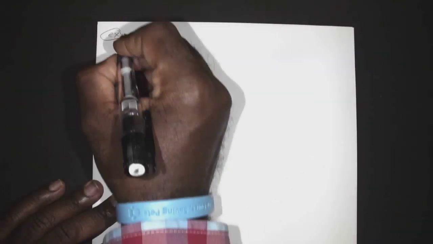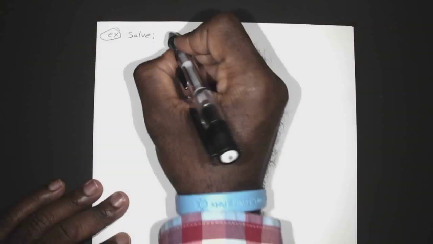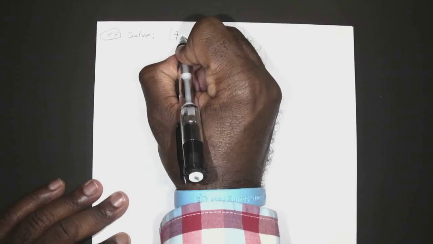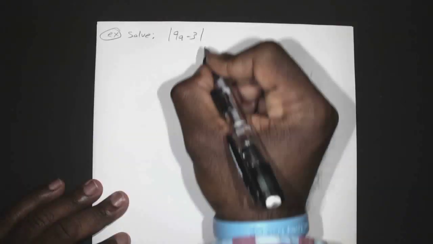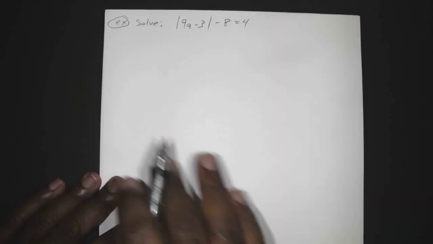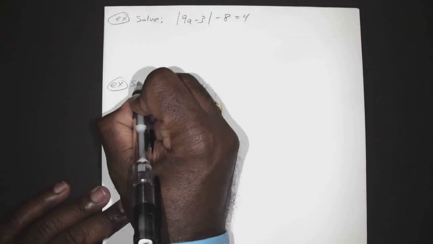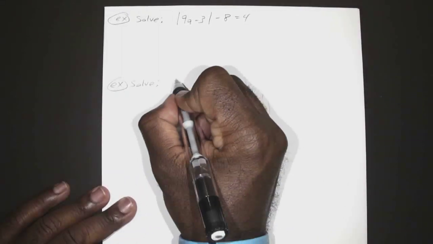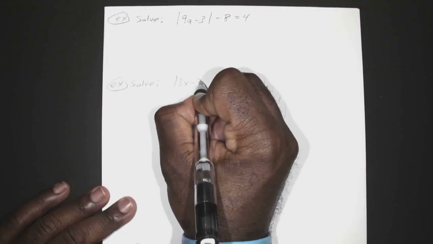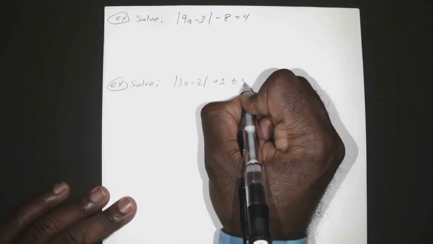So let's say we wanted to solve the absolute value of 9a minus 3 minus 8 equals 4. Let's say we also wanted to solve the absolute value of 3x minus 2 plus 1 is less than or equal to 5.